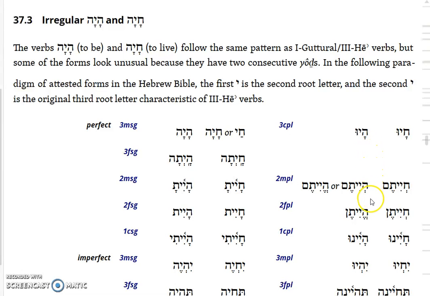Only place that comes into play, second masculine plural, when you try to put a shewa under the hey, you'll often get a hataf segol, heyitem, although there is a form where it just goes ahead and takes the shewa.